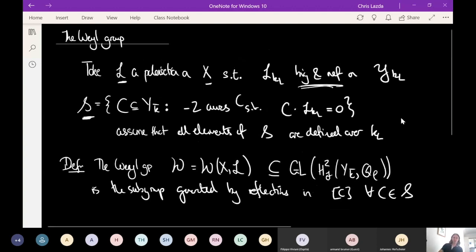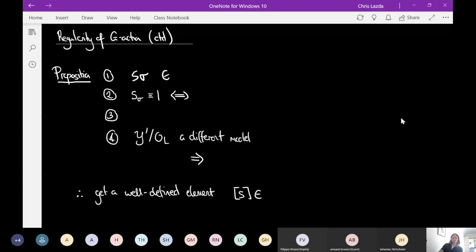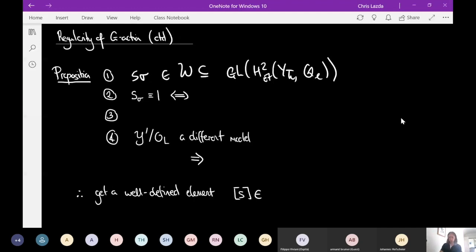The upshot of that is that my element S sigma is really an element of the Weyl group. So it's a map from the Galois group to the Weyl group.